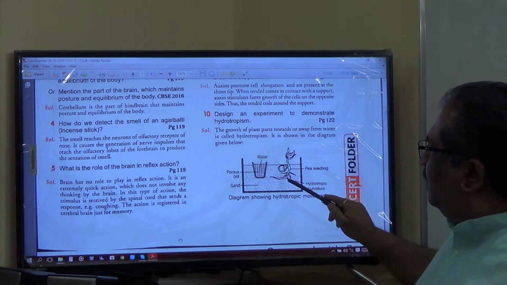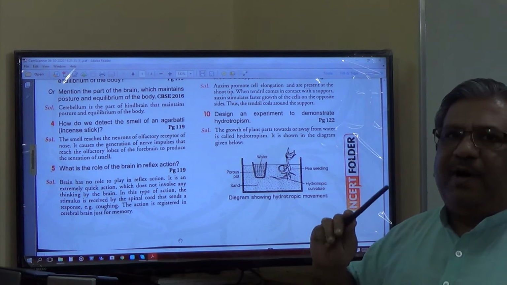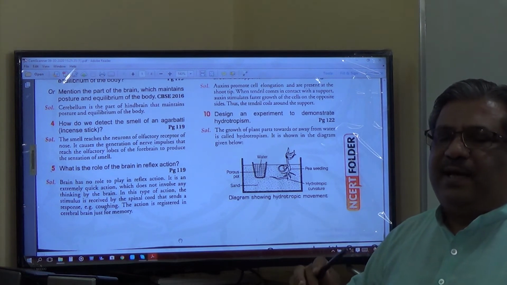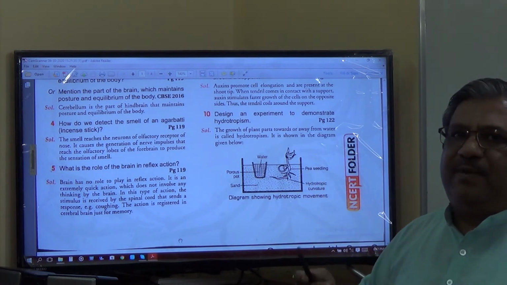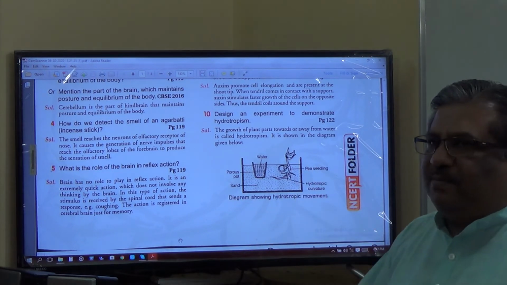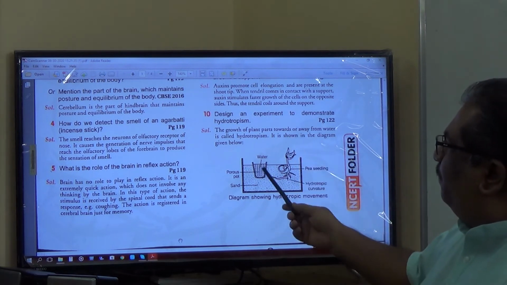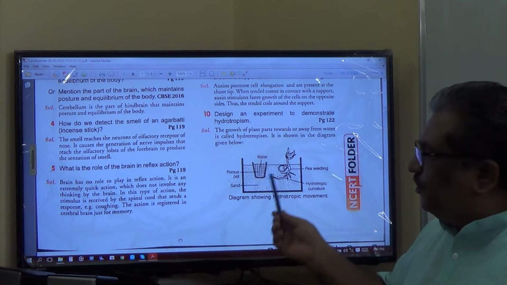Therefore we can say growth of roots towards the stimulus water is positive hydrotropism, or simply hydrotropism is shown by the roots in the direction of the stimulus, which is water. So this is an activity that you can use to demonstrate hydrotropism. Clear?